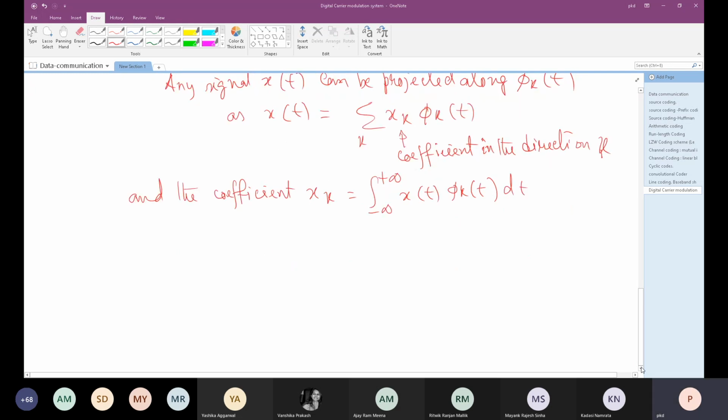As we have seen in our last discussion on line coding and baseband, we have represented a band limited signal through a sinc function.